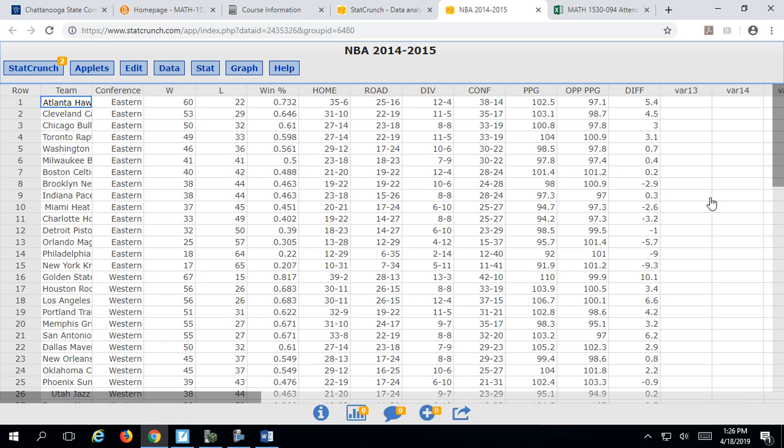The differential, yes, the difference. This is their points per game minus their points allowed, their opponents' points per game. So let's see what that looks like.